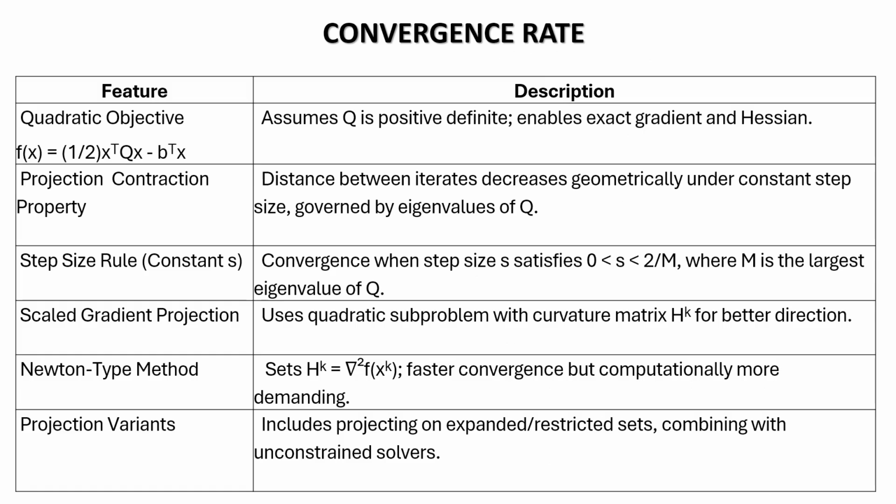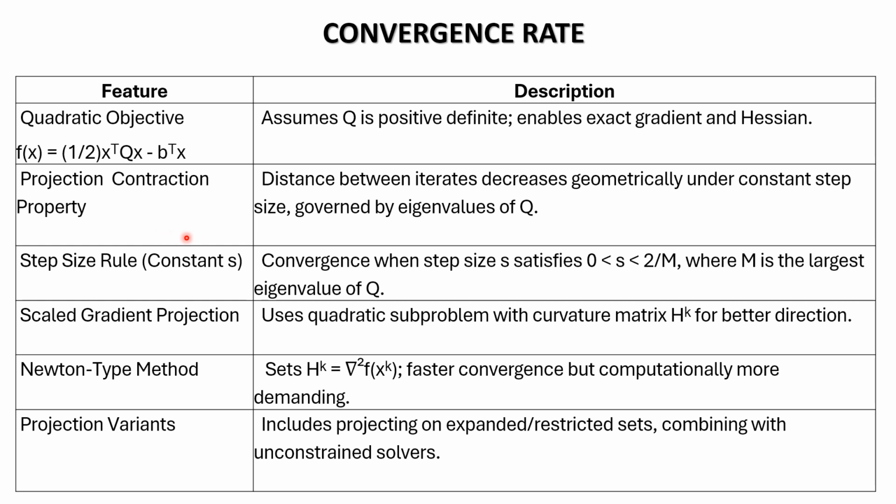A little bit finalizing the previous slide, I have placed here a table in which each feature has an exact description. Again, if we have a quadratic objective cost function in the following form, then it assumes that matrix Q is positive definite, which enables exact gradient and Hessian.